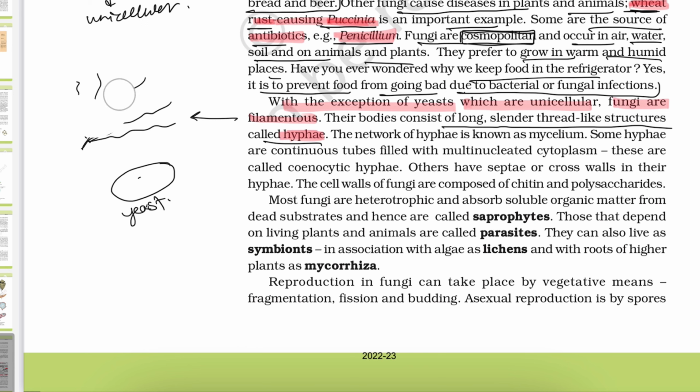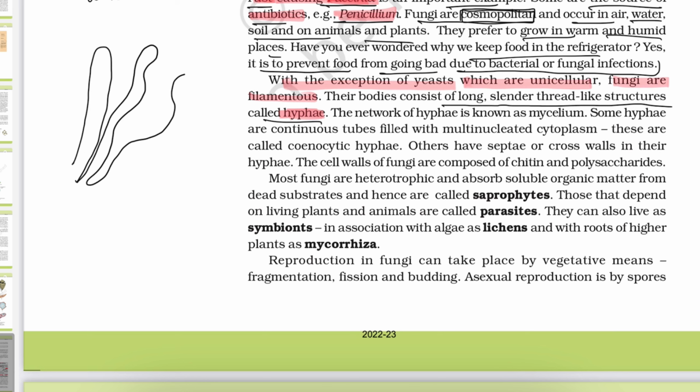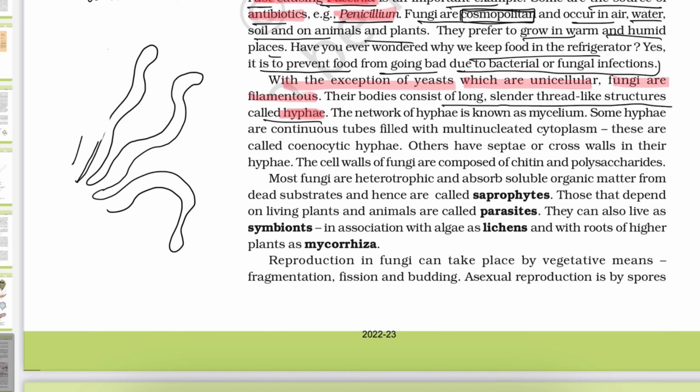Now, see carefully guys. I am drawing hypha of fungi. This is one hypha. This is another hypha. This is another hypha. Now these are called hyphae.